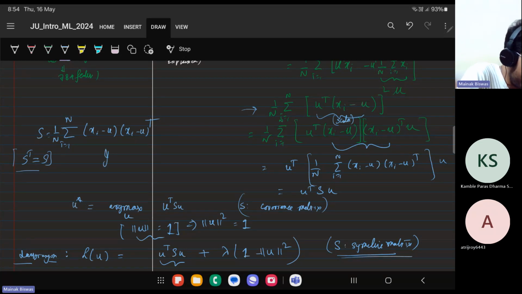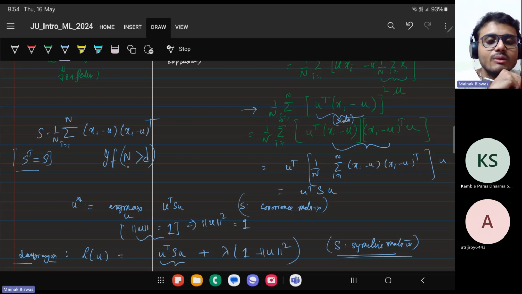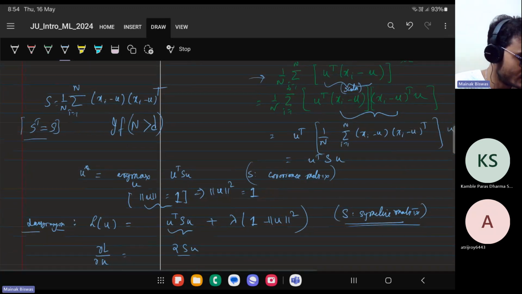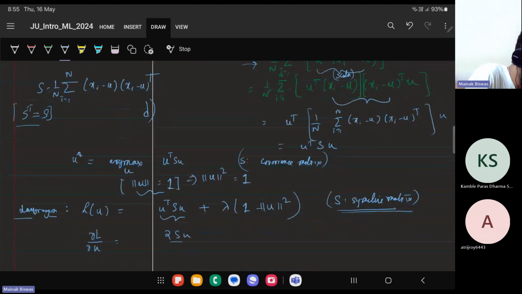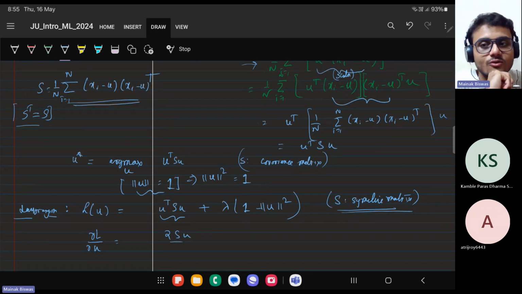Also, if n is greater than d, generally this will be a full rank matrix as well. Why will it be full rank? Let us derive this first and I'll tell you. Where did we see this form? Can you remember? We showed this form was positive semi-definite.